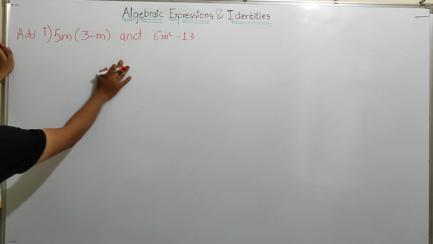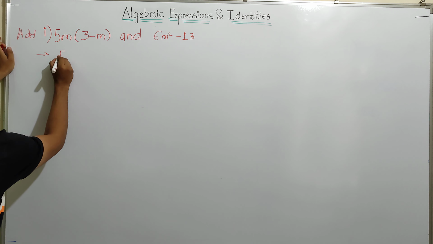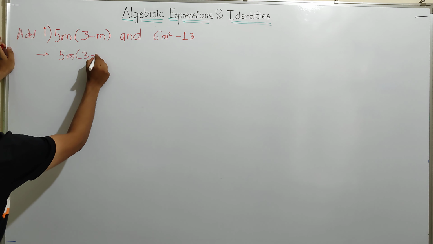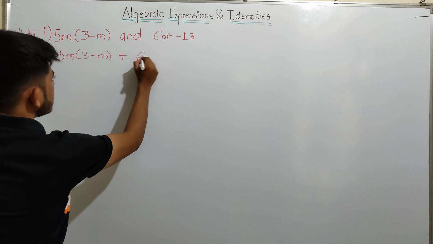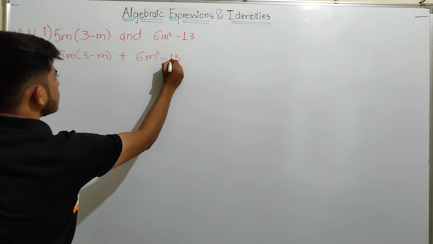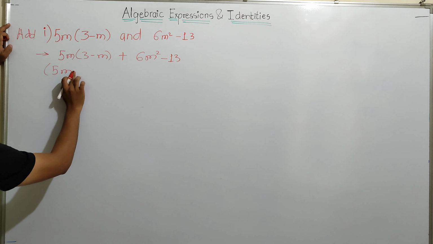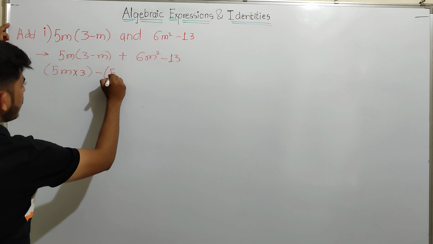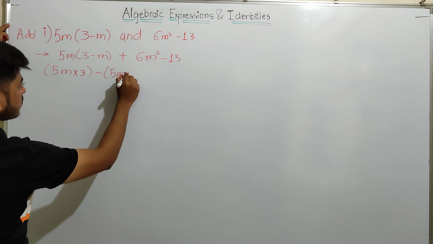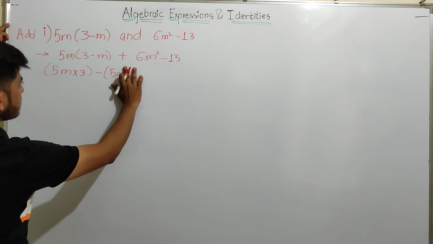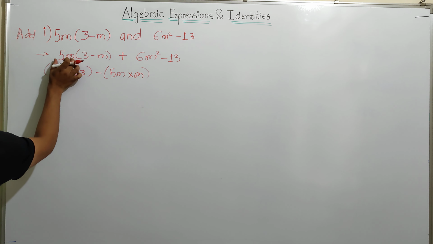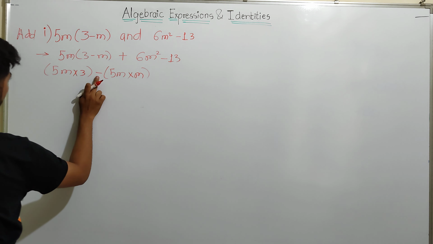Now see the first term, simplify the first term: 5m into bracket 3 minus m, plus 6m square minus 13. 5m into 3, and minus 5m into m. 5m into minus m, so the minus symbol I have written over here.